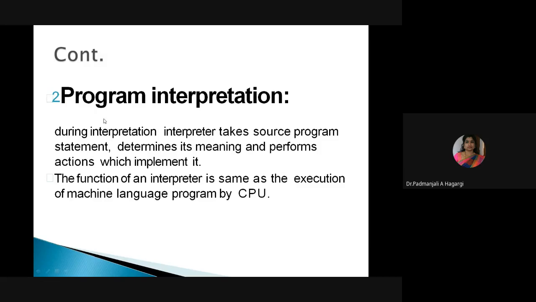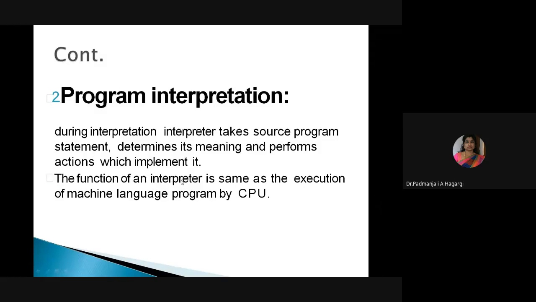And program interpretation. During program interpretation, the interpreter takes the source program statement, determines its meaning, and performs the actions which implement it.